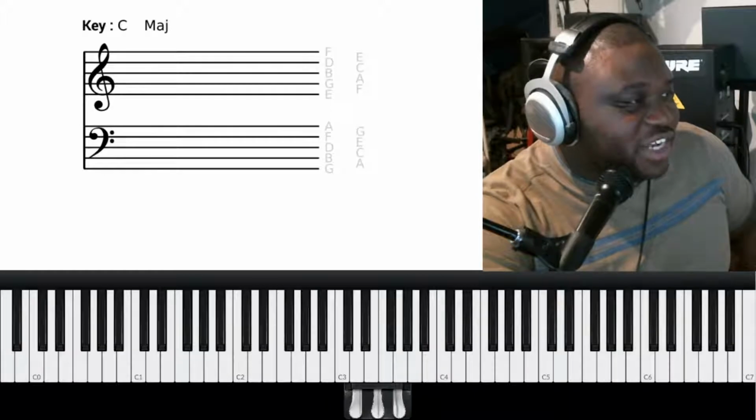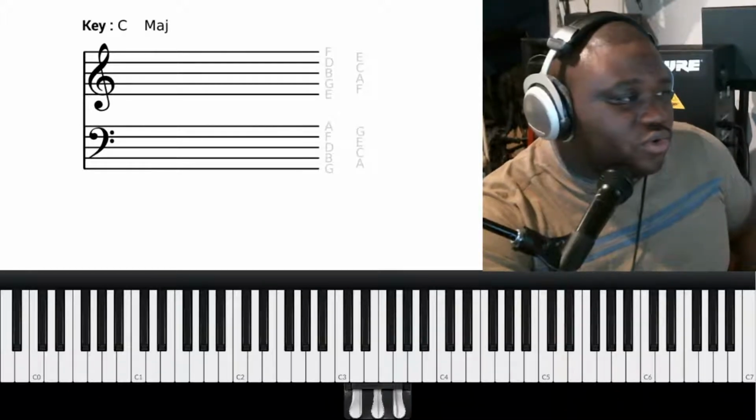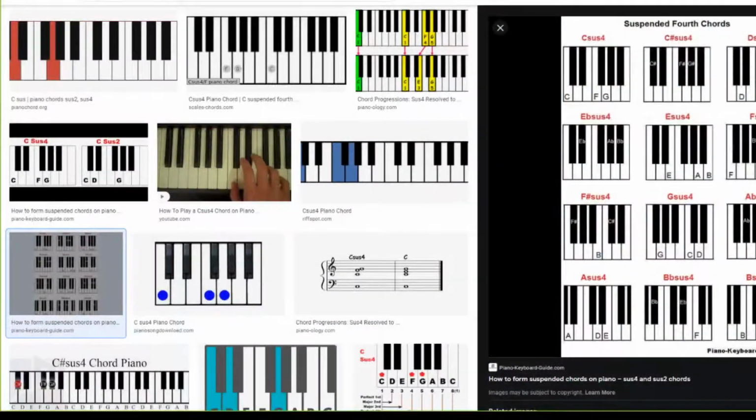So I want to just show you guys so it's easier to understand me. I'm going to take my face off so you can see this here. Actually, let me show my mouse. That way it's better for me to explain. All right, so now you guys should be able to see my mouse, right? Good. So you see the same suspend 4 that I'm talking to you guys about. You see the C is here, and now this one was the 2, right?